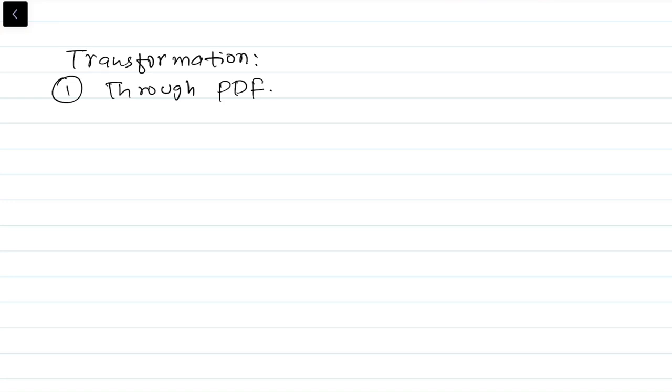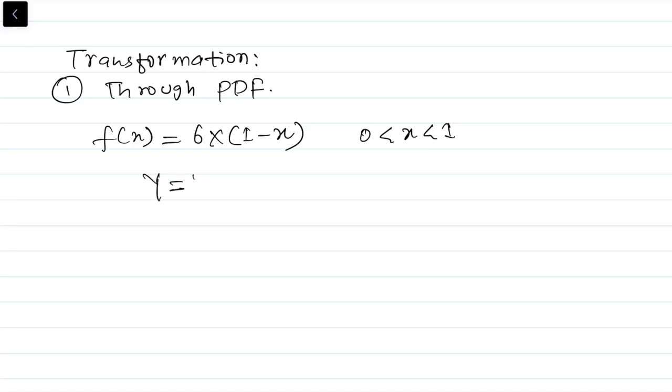First let's look at the one through PDF. Suppose you are given a function f(x) equals 6x times (1 minus x), and the range of x is 0 to 1, greater than 0 and less than 1, and the transformation is y equals x cube. You are asked to calculate the PDF of y.